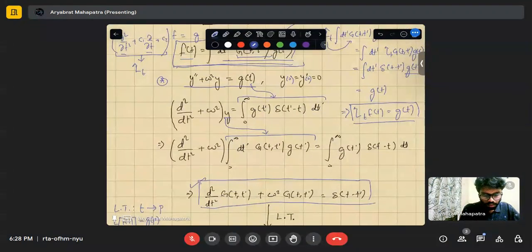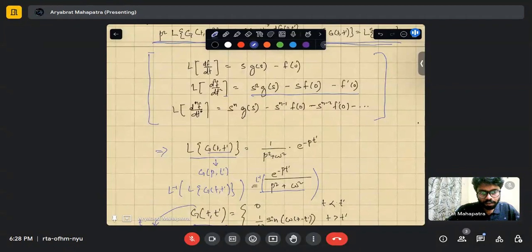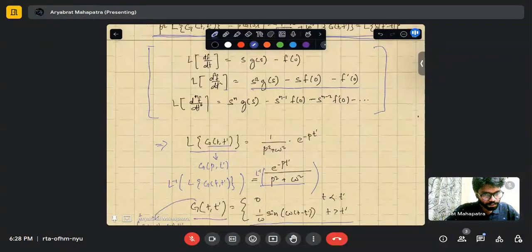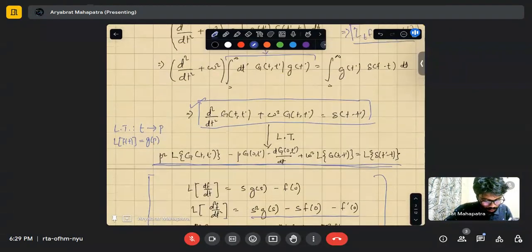So that is what basically you have to do to solve ordinary differential equations using Green's functions. You first pick an answer in this form, and in the answer you have g, your Green's function. The next thing is to determine what this Green's function is. To determine that, you use this differential equation which I have shown right here.